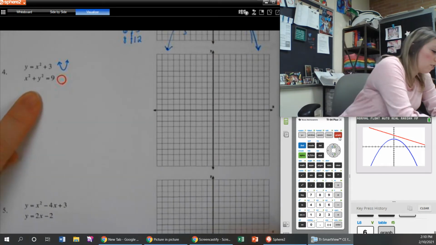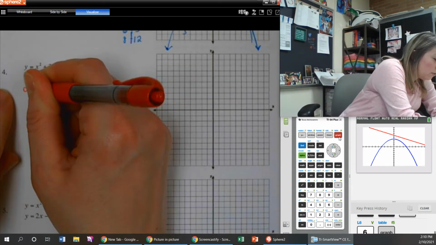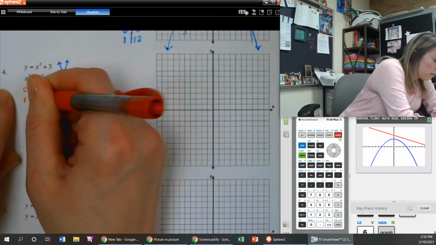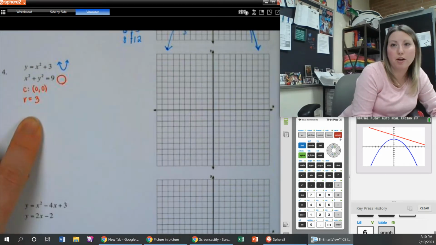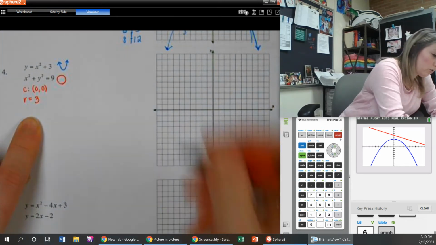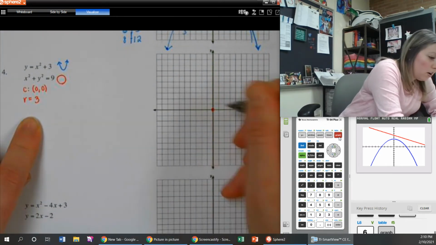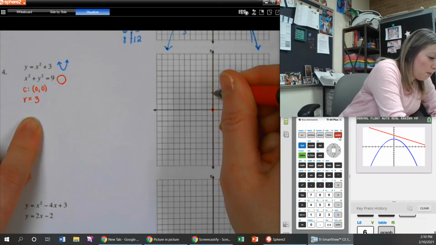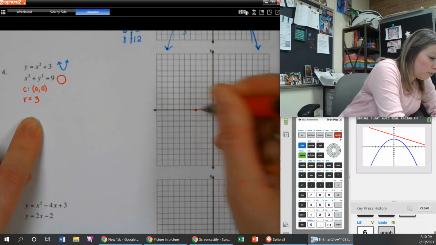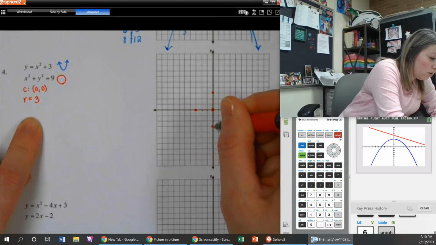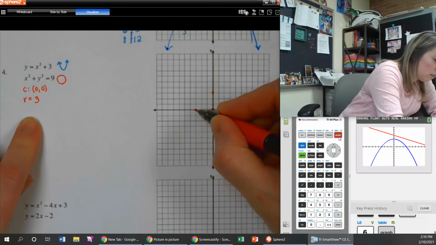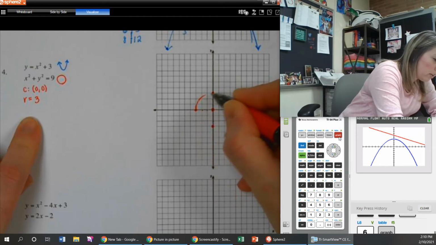So this circle has a center of 0, 0 and a radius of 3, because the square root of 9 is plus and minus 3, but we know we're not going to have a minus 3 as our radius. So 0, 0, 1, 2, 3 to the right, 1, 2, 3 up, 1, 2, 3 left, 1, 2, 3 down.